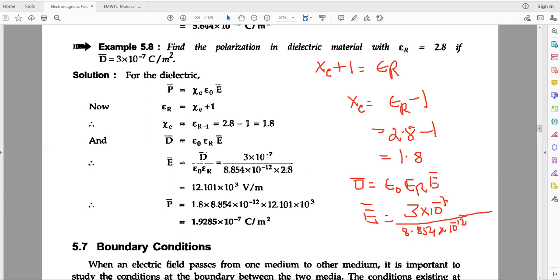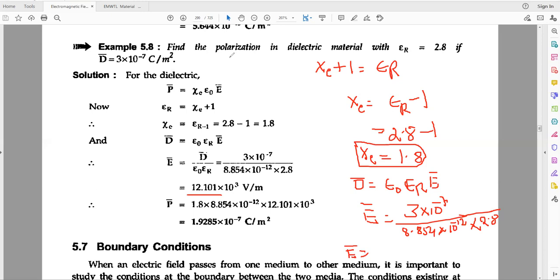I'm directly writing epsilon R because it is given, not χe. If χe is given, add 1 to get epsilon R, or if epsilon R is given directly, subtract 1 from epsilon R and you will get χe, which is 1.8. Simplify here and you will get E bar equal to 12.101 into 10 power 3 volts per meter.